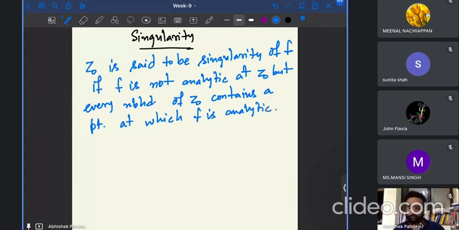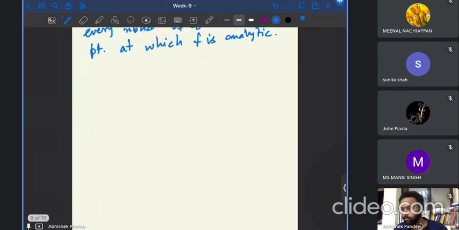Okay, so this is the definition of singularity, and we divide singularity into two parts.